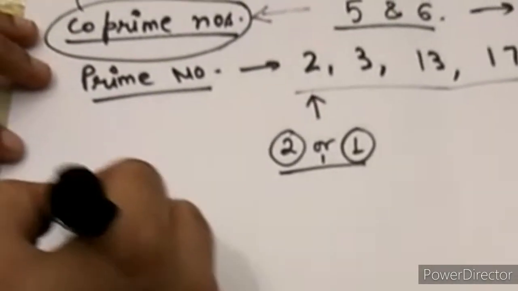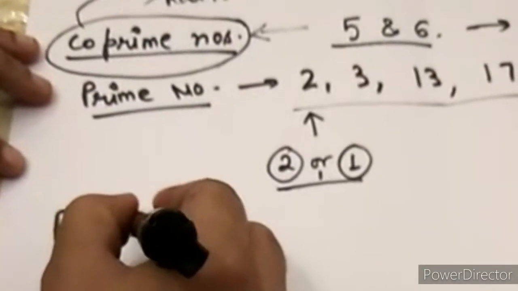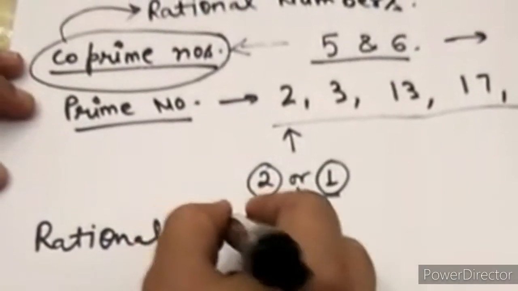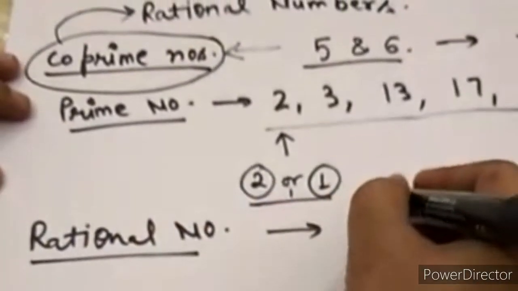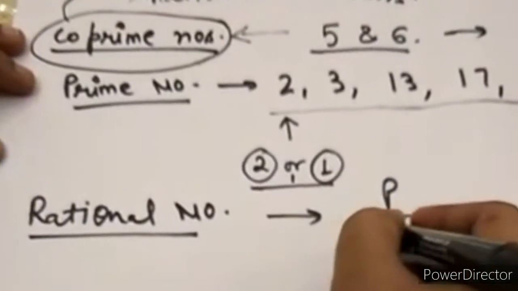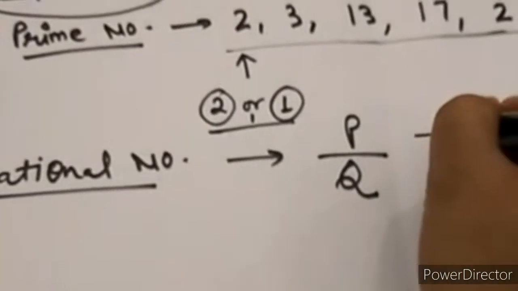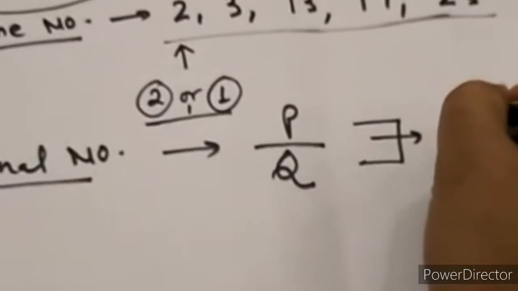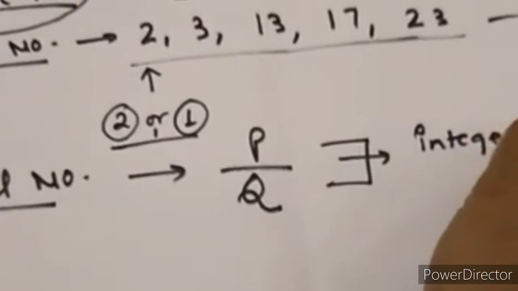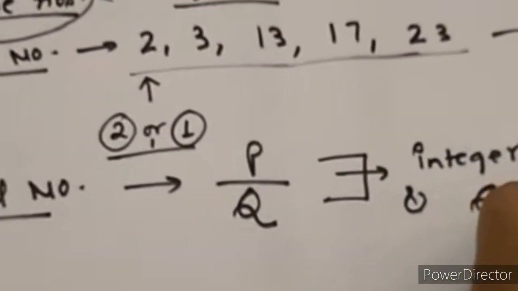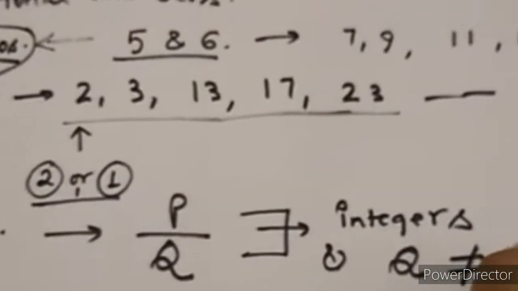What are rational numbers? If you recall the definition, these are the numbers which can be represented in the form p by q, where p and q are integers and q is not equal to 0.